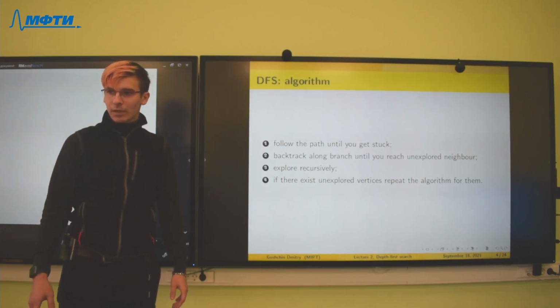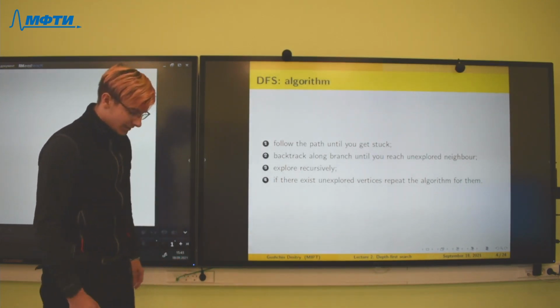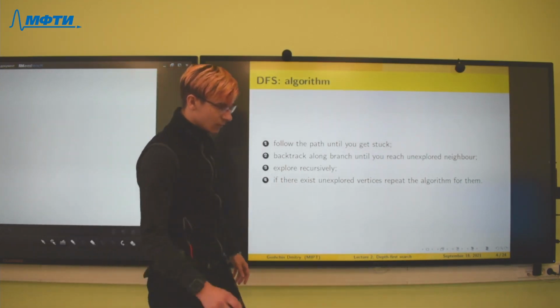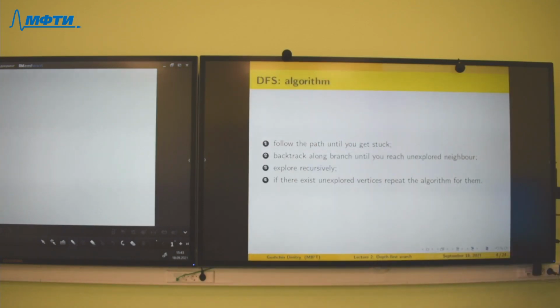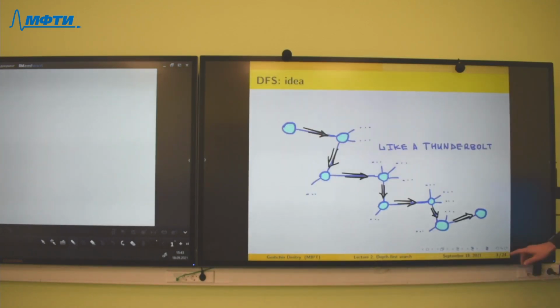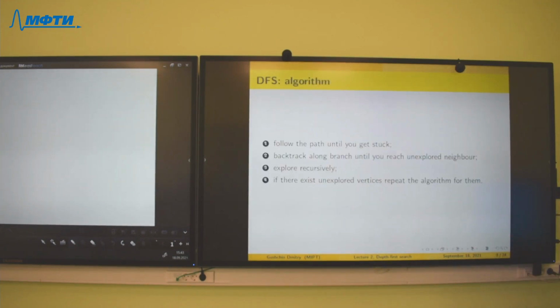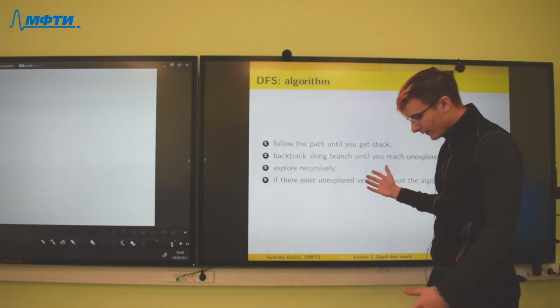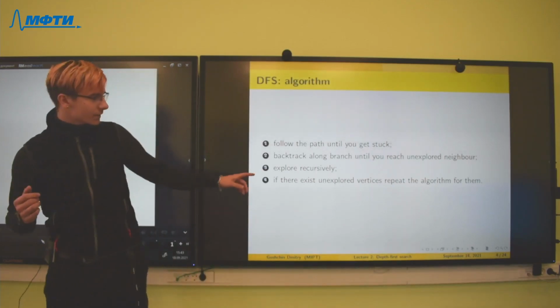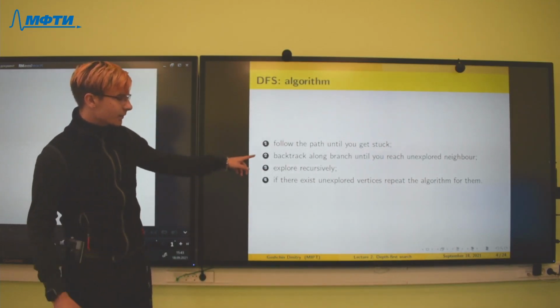Okay, and when we end the first step, for example in this vertex, we can say that there are no adjacent vertices that are unexplored.